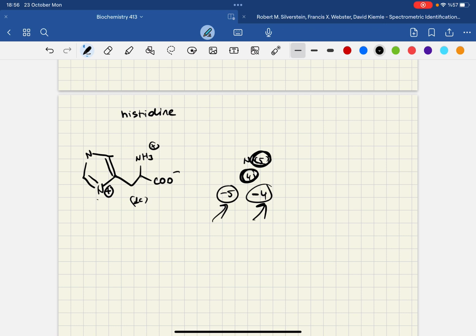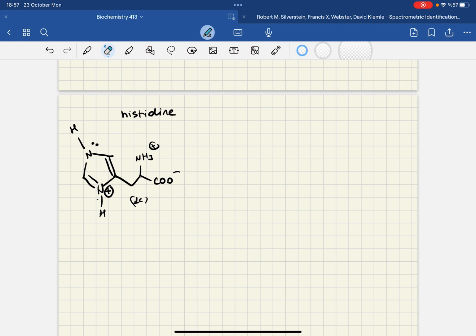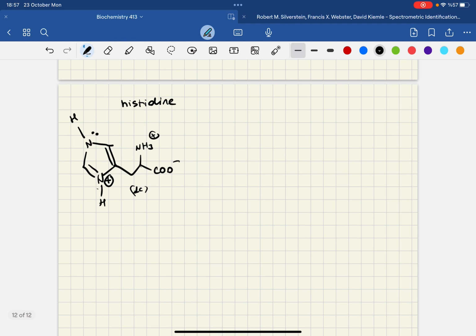We have 1, 2, 3, we need the 4th one over here, and let's place a hydrogen. Similarly, we have 5 electrons over the other nitrogen. We have 1, 2, the third one I will draw a hydrogen, and then we will add the 2 valence electrons as we did before. And this is how we write the imidazole group of histidine.